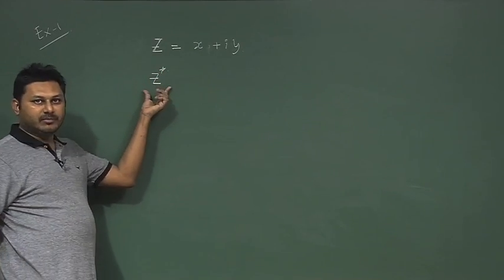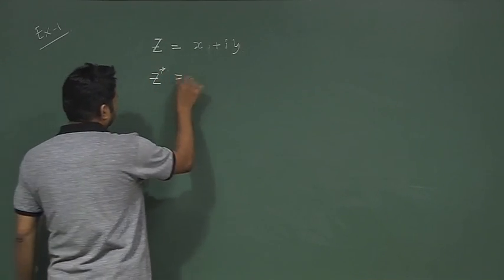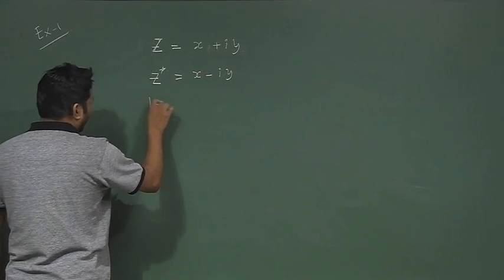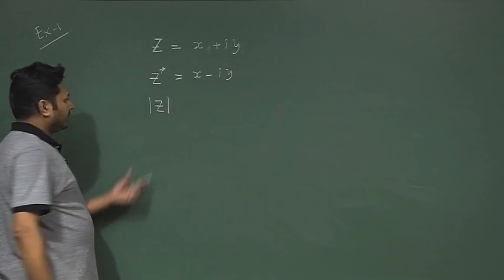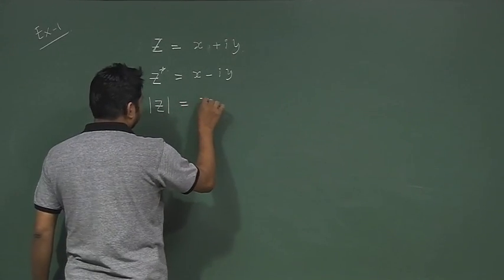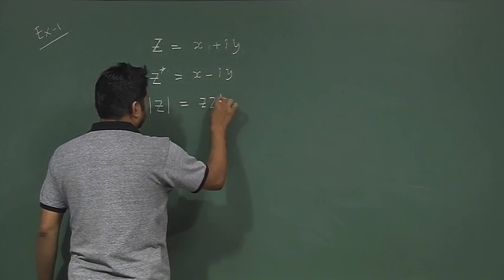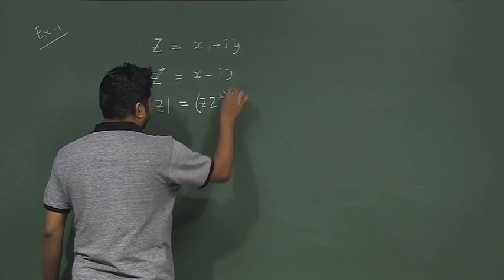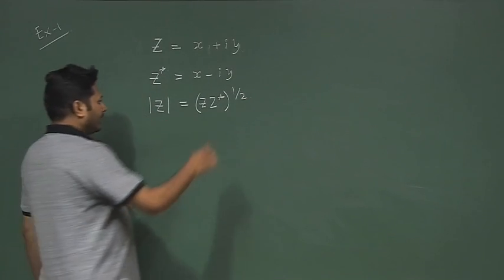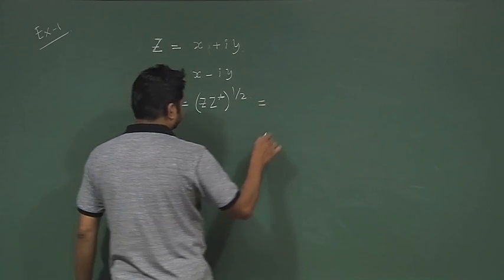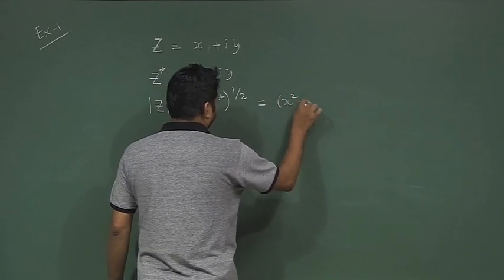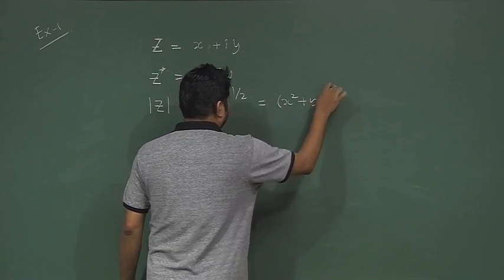Sometimes it is written z bar, which is x minus iy. And mod of z, which is important, is z star whole to the power half, which is equal to x square plus y square whole to the power half.